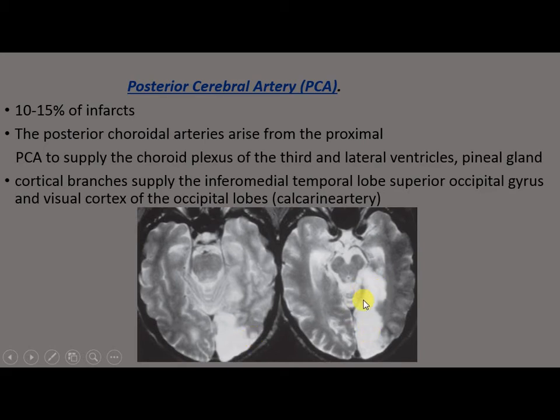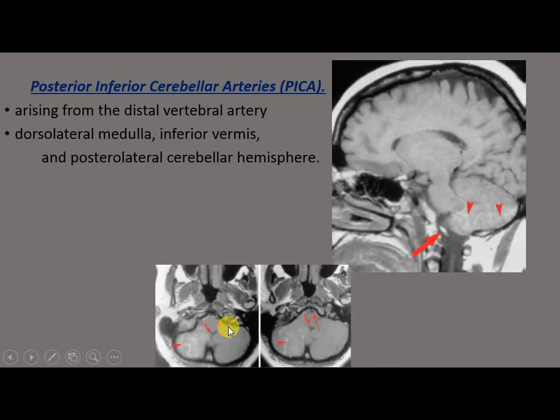This is an example of the posterior cerebral artery infarction. You have posterior inferior cerebellar artery infarction. It arises from the distal vertebral artery. It supplies the dorsolateral medulla, inferior vermis, and the posterolateral cerebellar hemispheres.